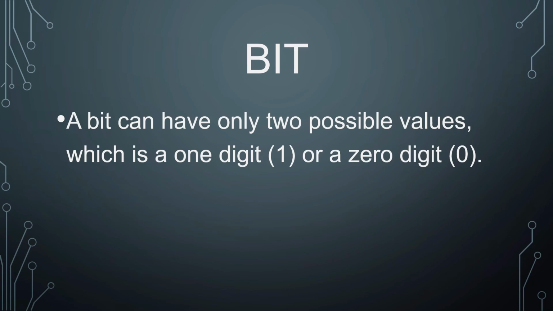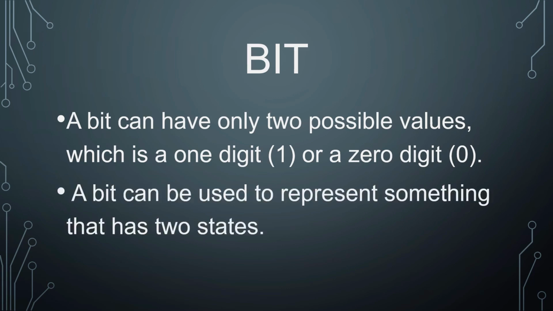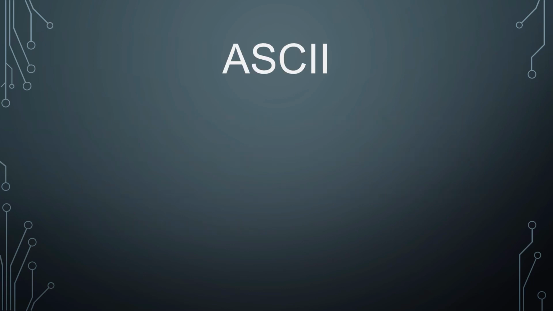For example, for decision making, we have true or false. So the answer is either true or false. If you're going to switch the light, you're going to choose on or off. So the only possible answer in a bit is 1 or 0 only. So a bit can be used to represent something that has two states.